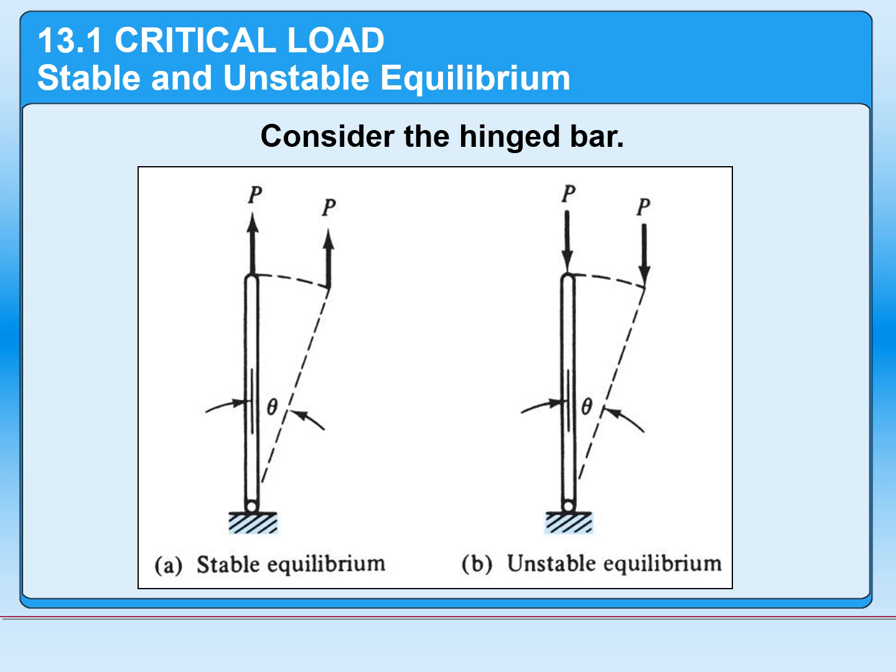To understand the difference between stable and unstable equilibrium, let's take a look at this hinged bar shown below. If you take a look at the configuration on the left, labeled as stable equilibrium, you'll see that the force is a tensile force that is going to be pulling on the structure. On the right, however, labeled as unstable equilibrium, we now have a compressive force. Looks very similar to the columns that we've been discussing so far.